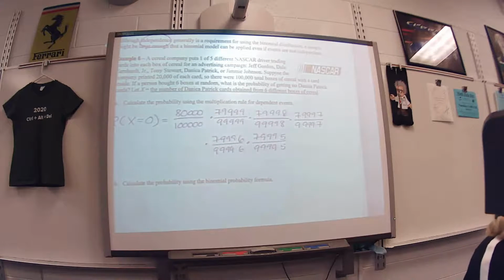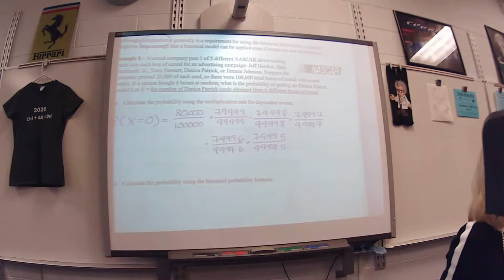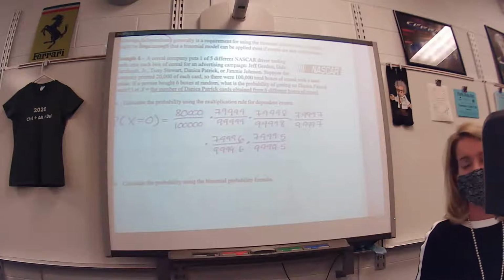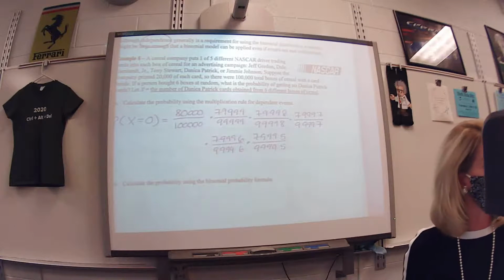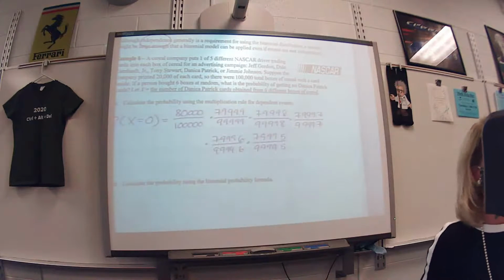That was the old rule for probability for dependent events. We draw 1 card, and then another, and then another, and then another. We're buying a box of cereal, and then we multiply these all together. Now, I won't sit and type those all in my calculator. I've done it before.